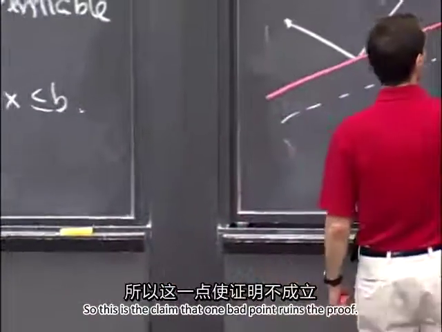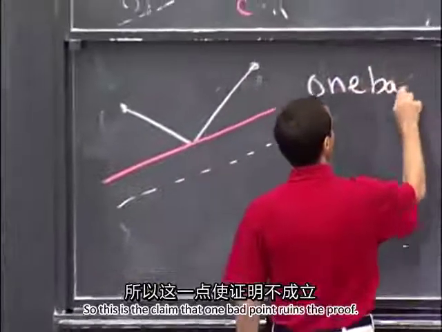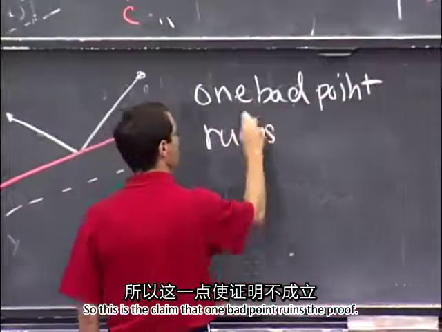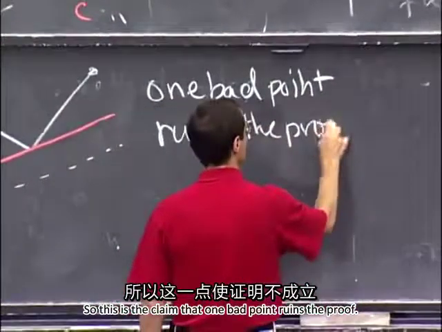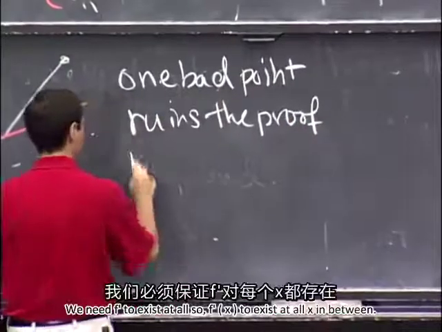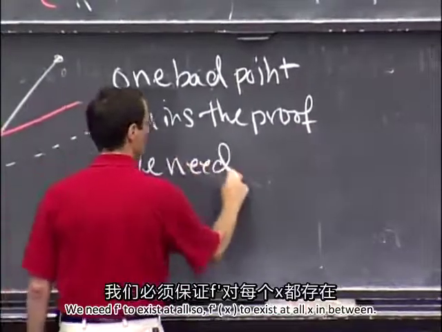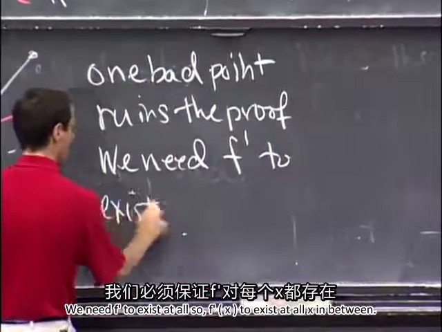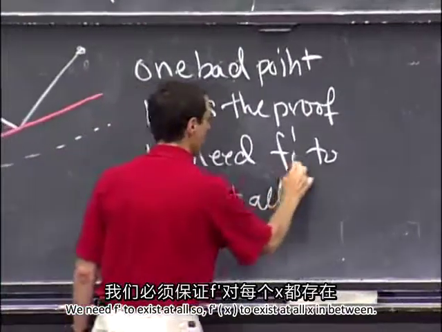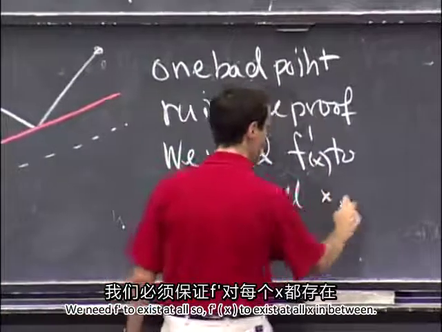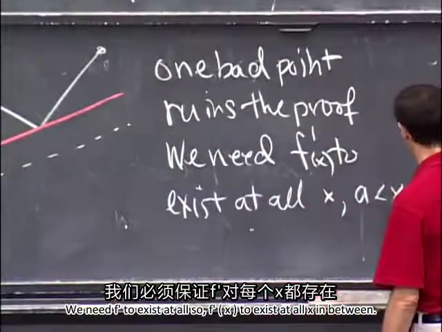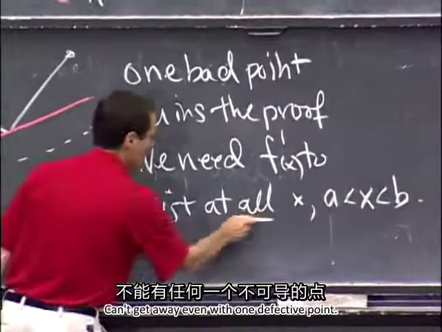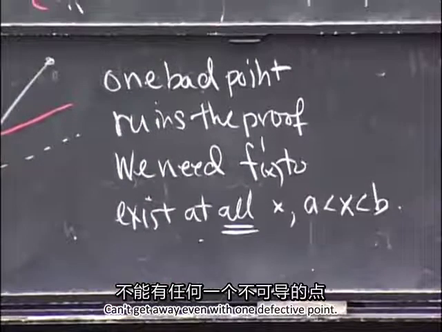So this is the claim that one bad point ruins the proof. We need f prime to exist at all x in between. Can't get away even with one defective point.